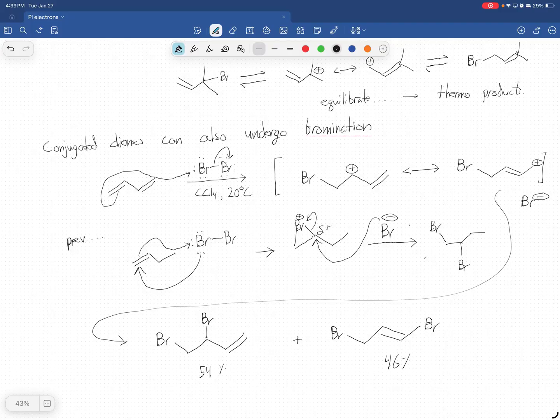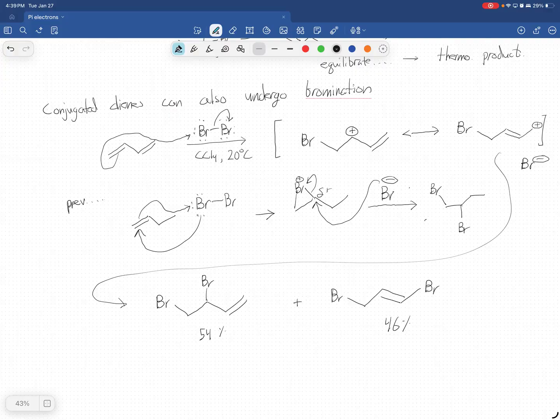So it's not as clear cut here. It's not under kinetic or thermodynamic control; it seems to be under the influence of both. There's really no preference here. That's maybe because the temperature is not too cold or too hot, so that might explain why it's 50-50.